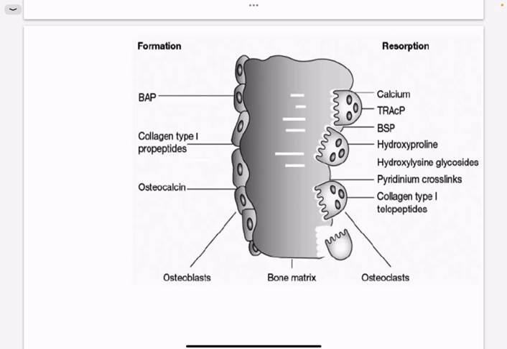On the other hand, calcium and fragments of collagen, like hydroxyproline or hydroxylysine glycosides, pyridinoline, prostaglandins or collagen type 1 chelators, are fragments that result from the breakdown of the collagen. Let us read a little in the slide. As you know, this is the basic structure of the collagen. So it is going to be fragmented due to the breakdown of the bone.